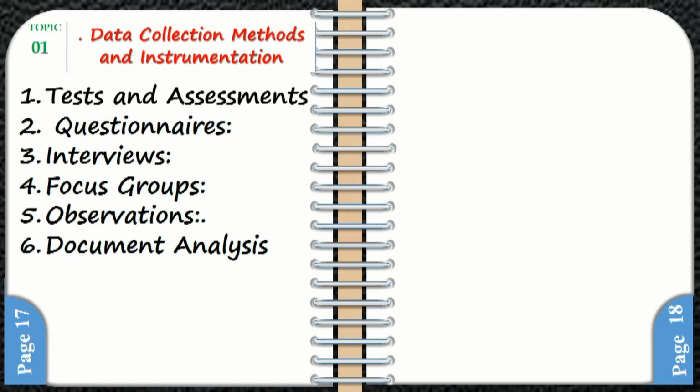So when you have all these, you can choose. You can't use all of them at a go. You can use which one is appropriate for the kind of data you want. Then to ensure quality of your data, there is what we call piloting.